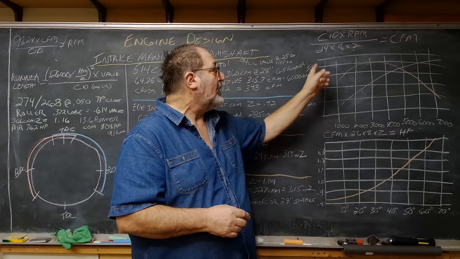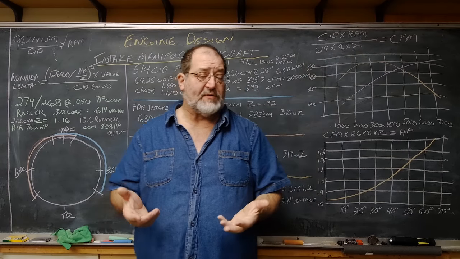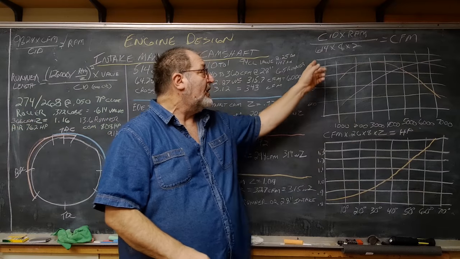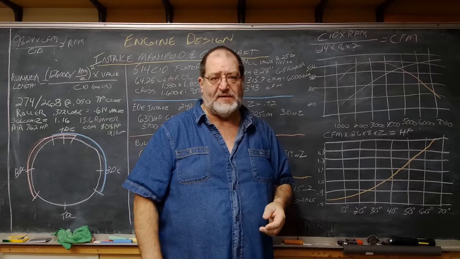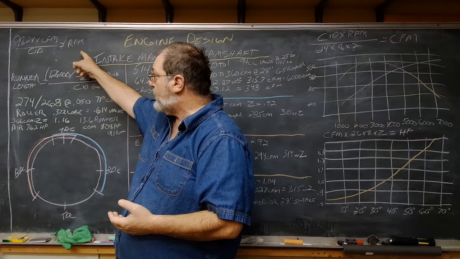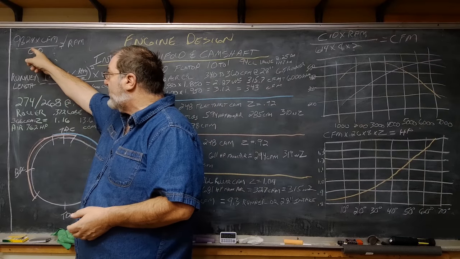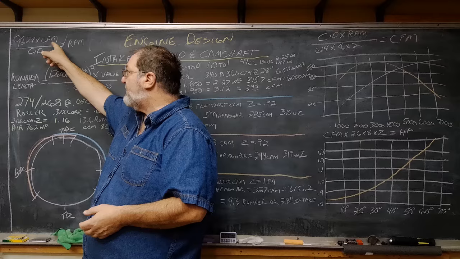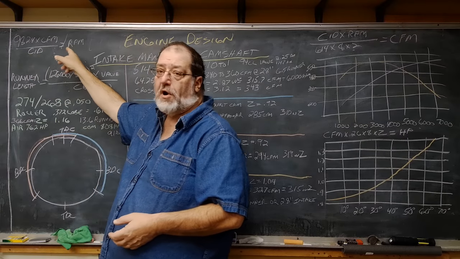Now, all I did was multiply these bottom numbers together because I'm a V8. I tend to use V8s. That gives me 9824 as a constant for the bottom. And I could use this in the bottom instead of having to multiply these together. But I reconfigured the formula to look for RPM instead of CFM. And so it's 9824 times CFM divided by CID equals RPM.